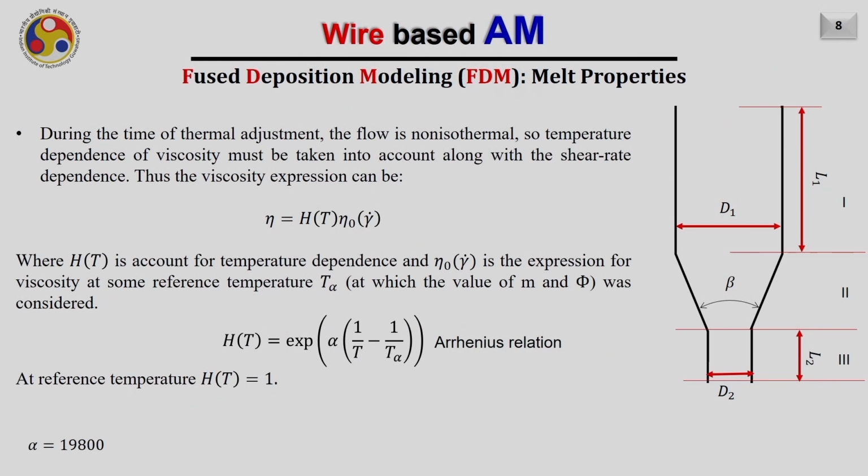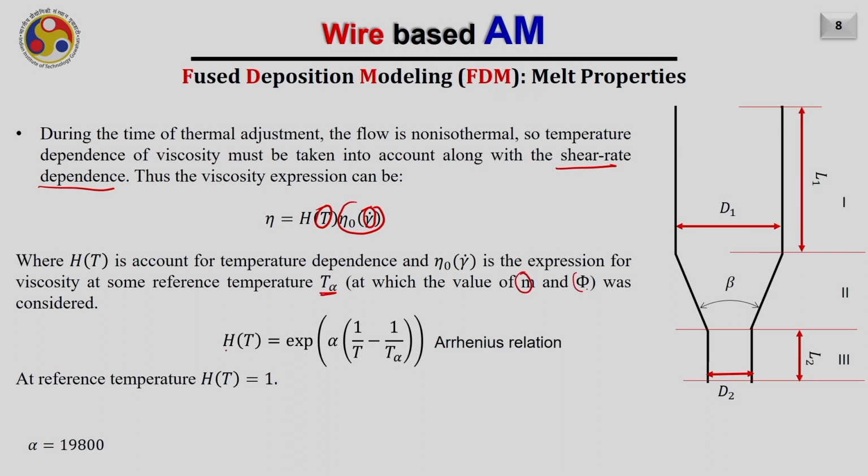So as I have already mentioned, during the time of thermal adjustment, the flow is non-isothermal. So the temperature dependence of viscosity must be taken into account along with the shear rate dependency. Thus the viscosity will be modified. Now the viscosity will not be only a function of the strain rate that was assumed earlier, but it will be a function of the temperature also in the melt or in the liquefier, where H(T) accounts for temperature dependence, and like I mentioned, eta naught of gamma dot is the expression for viscosity at the reference temperature T alpha, at which the values of m and phi were taken in the beginning.